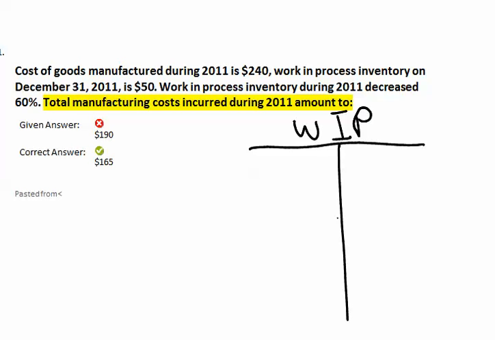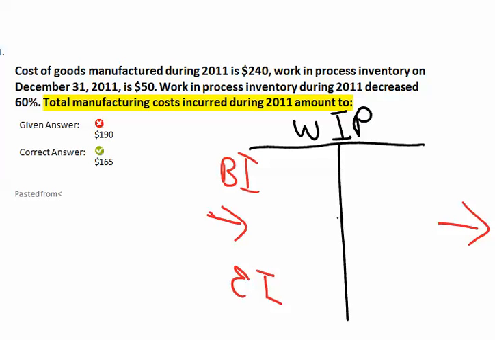So I have my work in process, and it gives me some information. I need to know what my beginning inventory was. I need to know how much was transferred in. I'll need to know my ending inventory, and I need to know how much was transferred out.